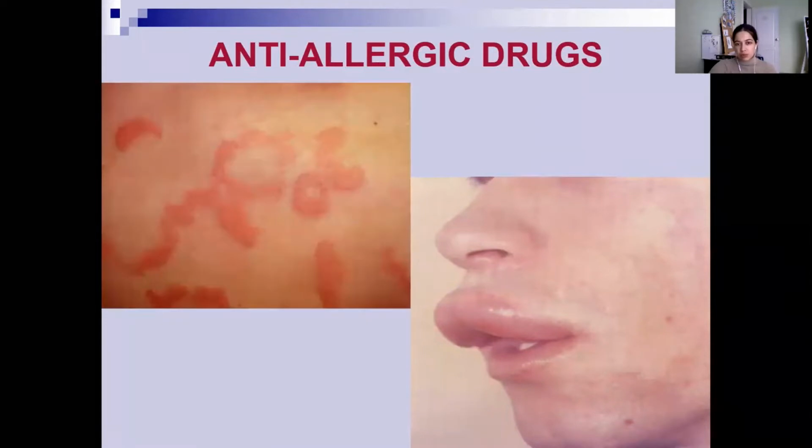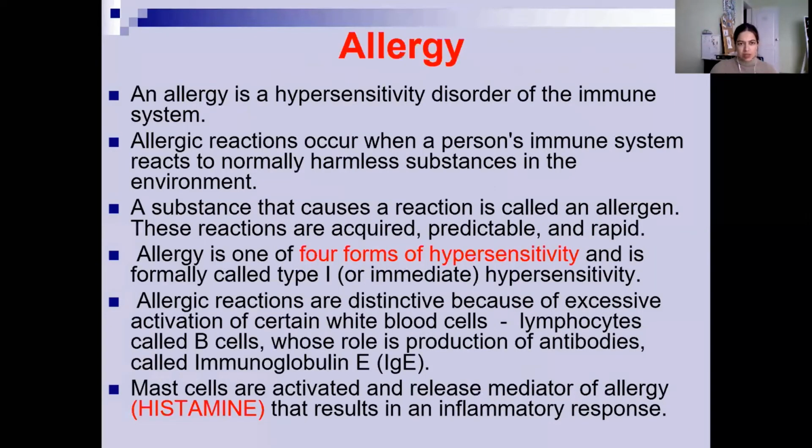And now we're going to anti-allergic drugs. I will not pay a lot of attention on the different types of allergic reaction. They are usually connected with swellings, like here on this upper lip of this boy, and the rashes. Many types of rashes can be, and not only that.